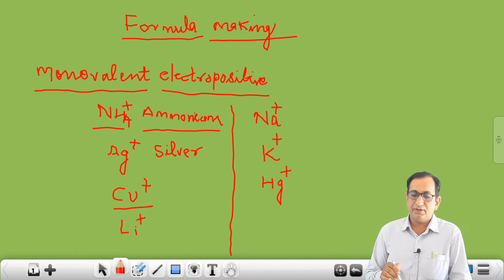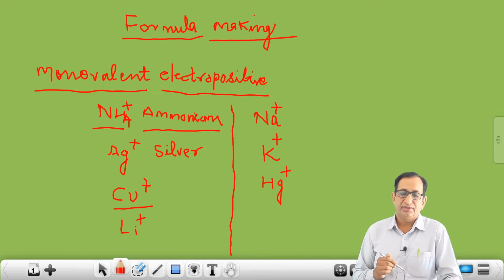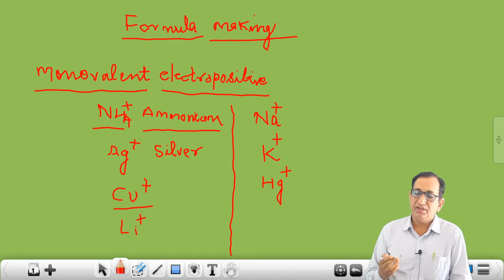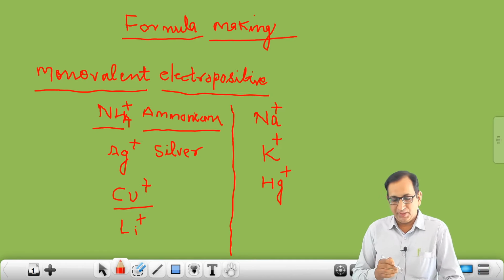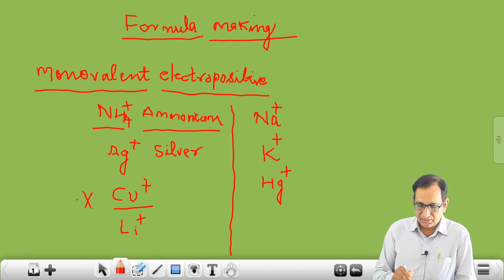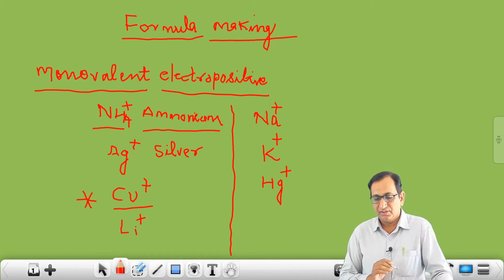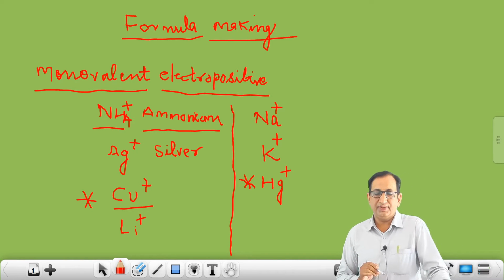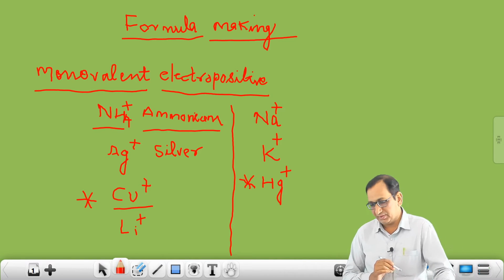So here copper plus 1 charge is there, it means valency is less, that's why it is cuprous. If valency 2 is there, you will say it cupric. Here in copper, I am writing a star. Here copper has variations in the valency. Here mercury also has variations in the valency.